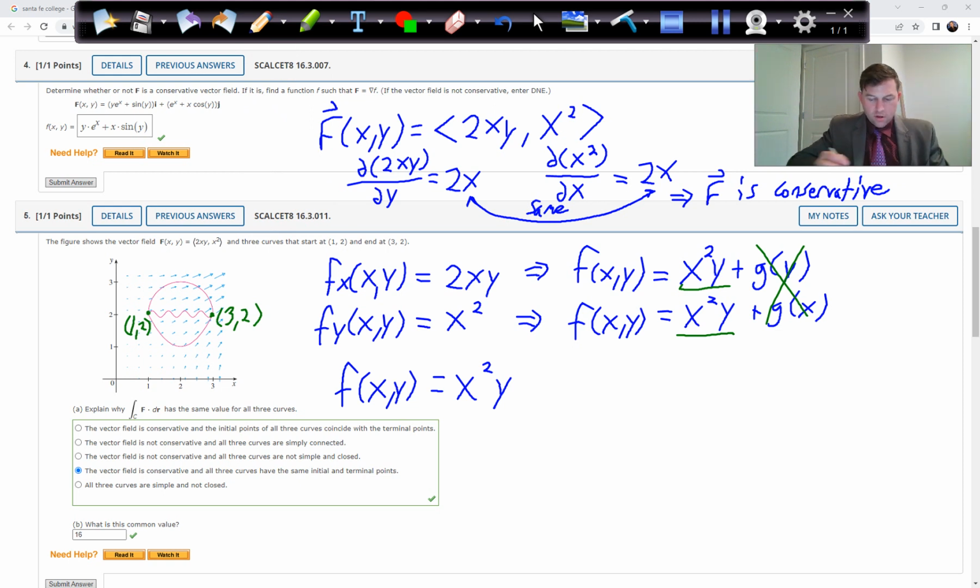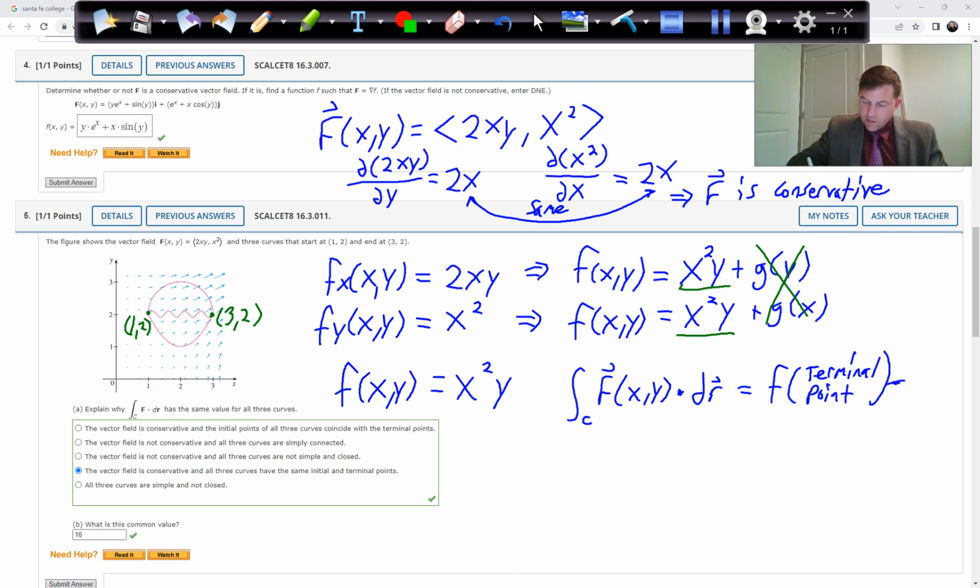And therefore, the line integral of the vector field F dotted with dr is going to be equal to f at the second point, so let me write this, at the terminal point, minus f of the starting point.